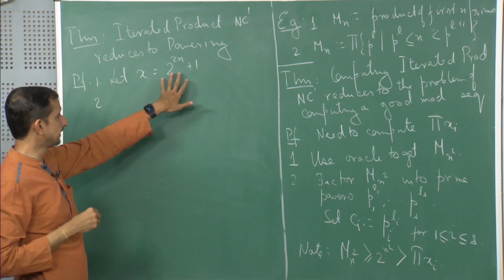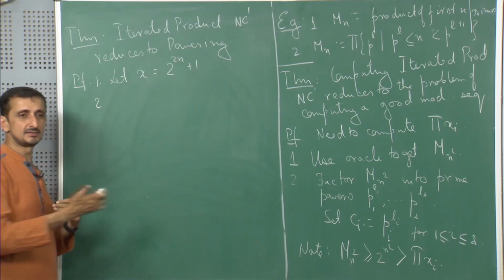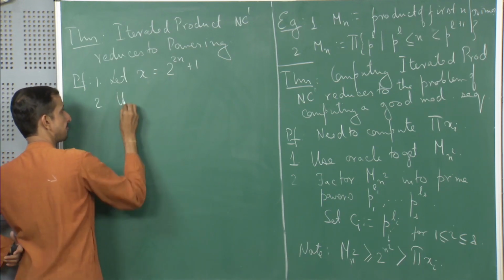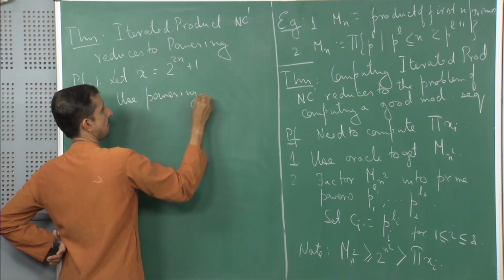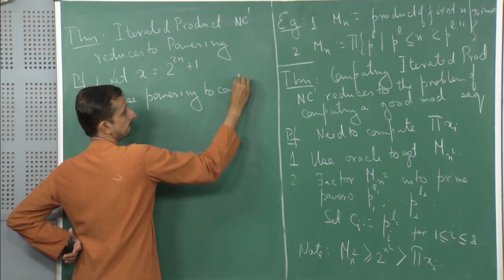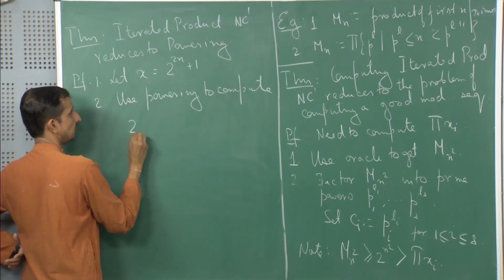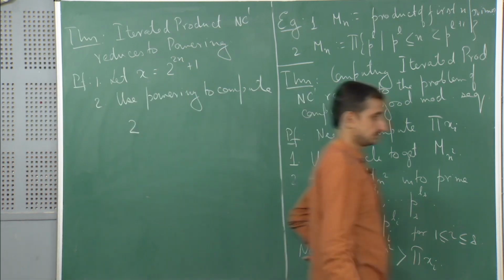Given n I can of course compute this, given n I can get 2n, and 2 to the power 2n is just adding 2n many zeros. Next, use powering to compute the number 2 to the power, I think x square, right.